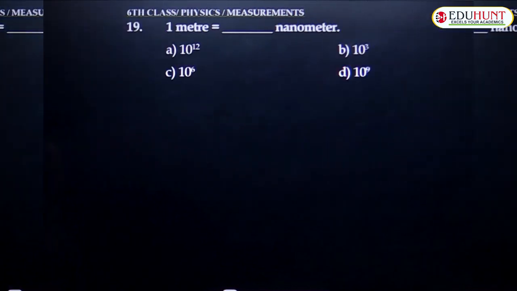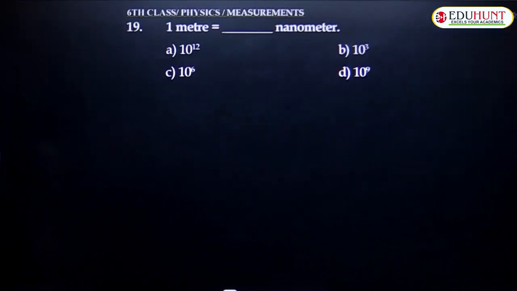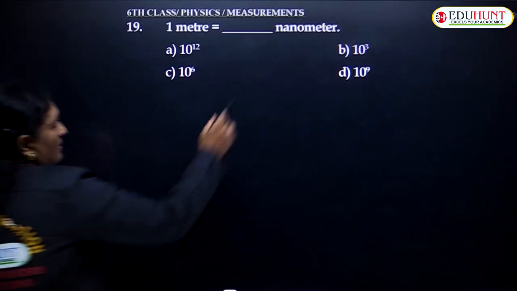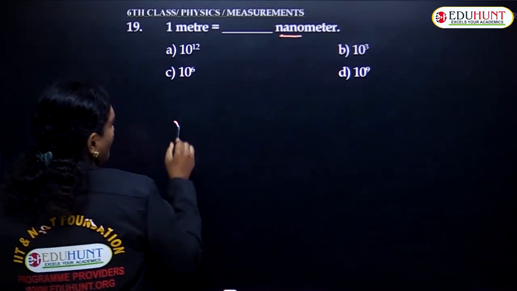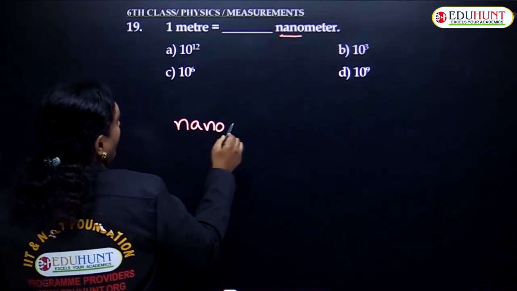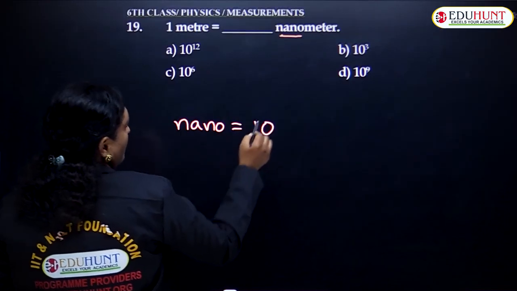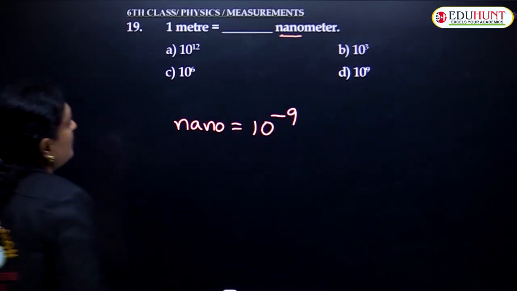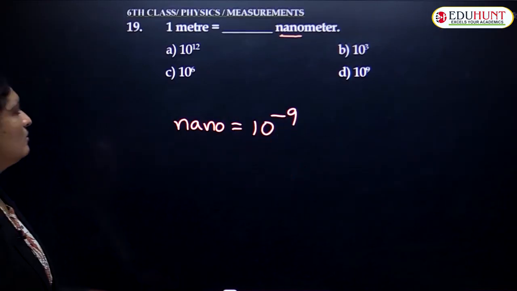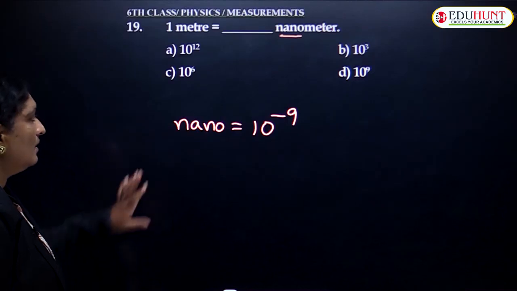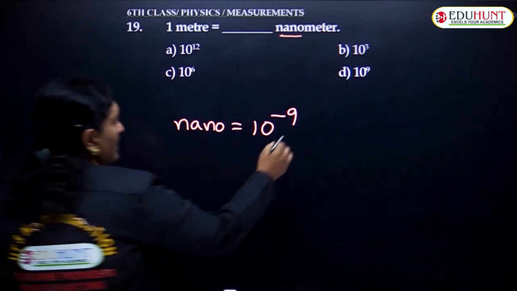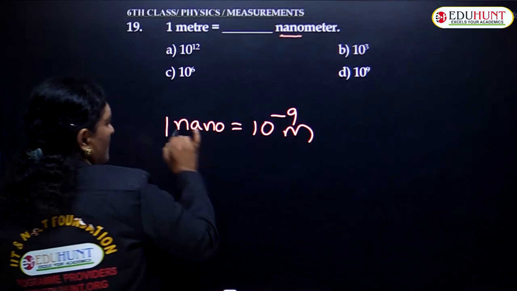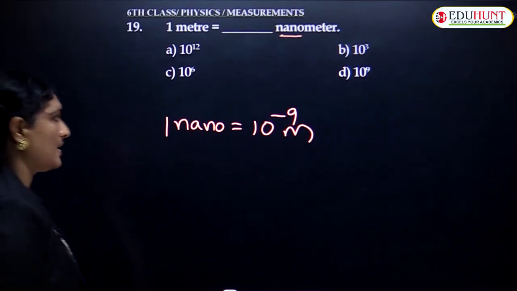Okay. 1 meter is equal to how many nanometers? Children, here it indicates nano. Nano means 10 power minus 9. So if you would like to convert meter into nanometer, 1 nanometer is equal to 10 power minus 9 meters.